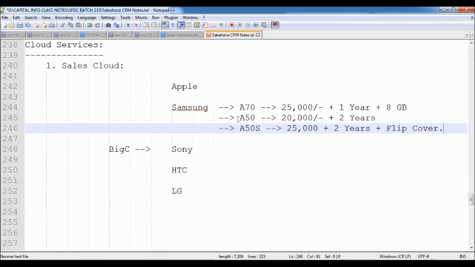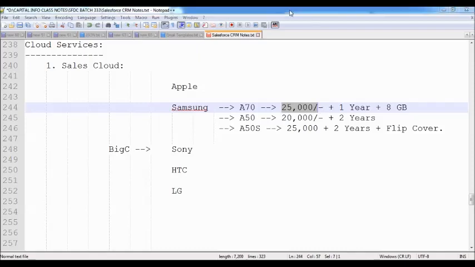That means in this case, upon selling the products, they're not only charging that amount, they're providing some additional benefits to the customer, like free insurance service for 1 year and an 8 GB memory card. Now tell me, are these benefits offered lifelong?